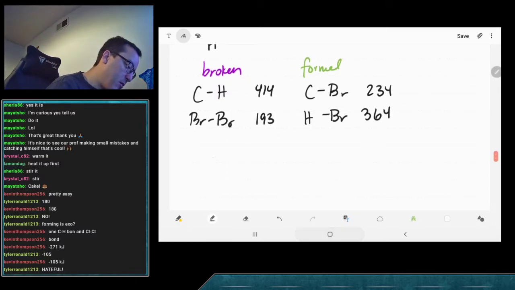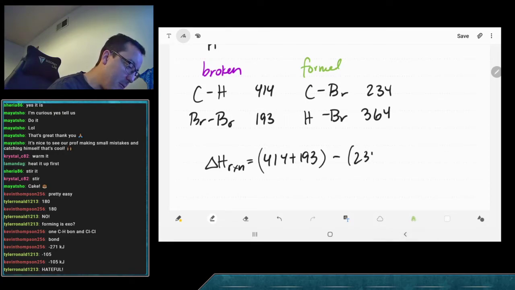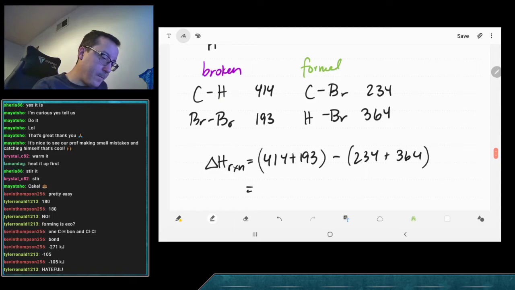So just like before, that's going to be the ones broken minus the ones formed. Let's see who's going to win this time.